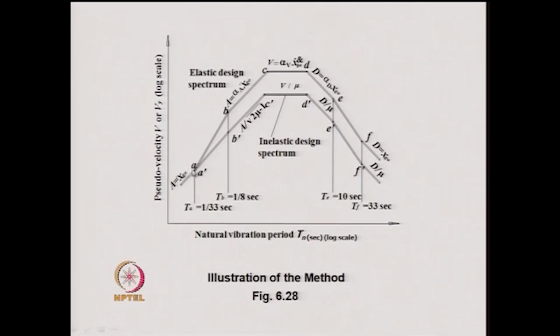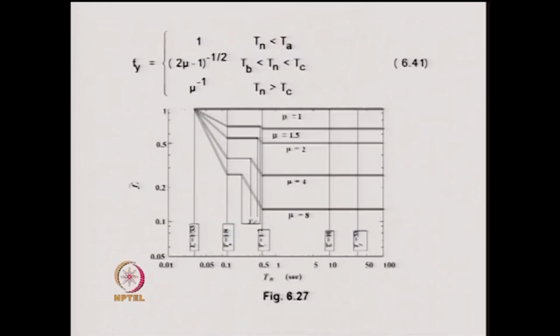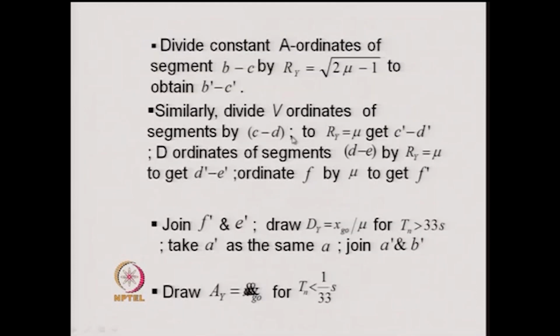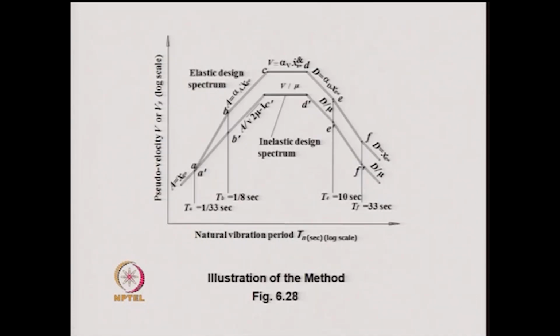Here we assume that the value of the acceleration for a very small value of time period, they are the same, that is A and A dashed are the same. This follows from this relationship, that is Tn less than Ta, for that F bar y is equal to 1. That is why A and A dashed are the same.